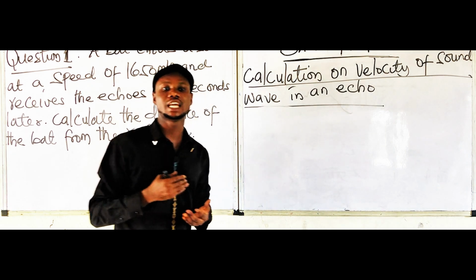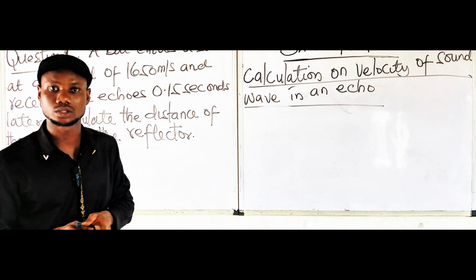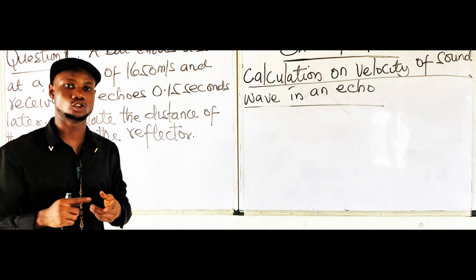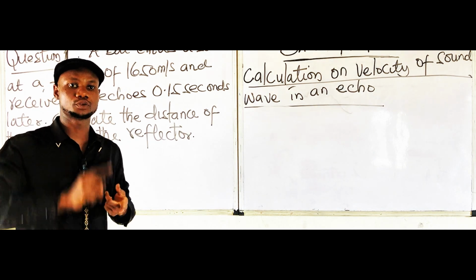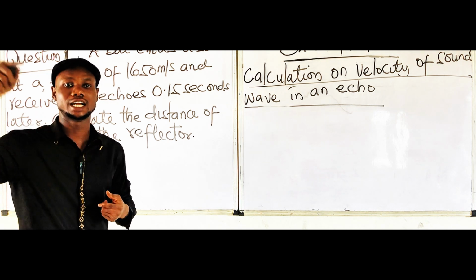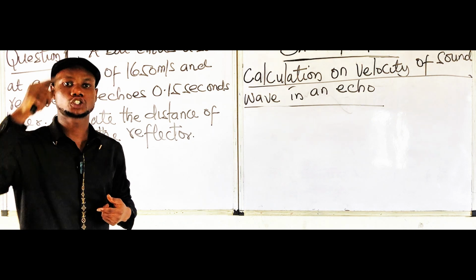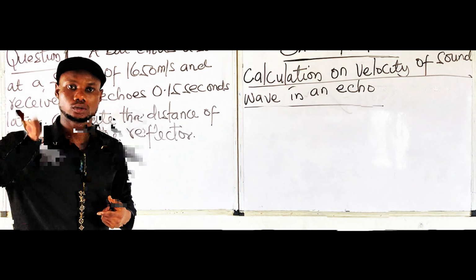Or if there is a distance between the source of the sound and maybe a wall, or sea bed, or cliff, or hill, please take note. At that point, we say that that question is focusing on what?